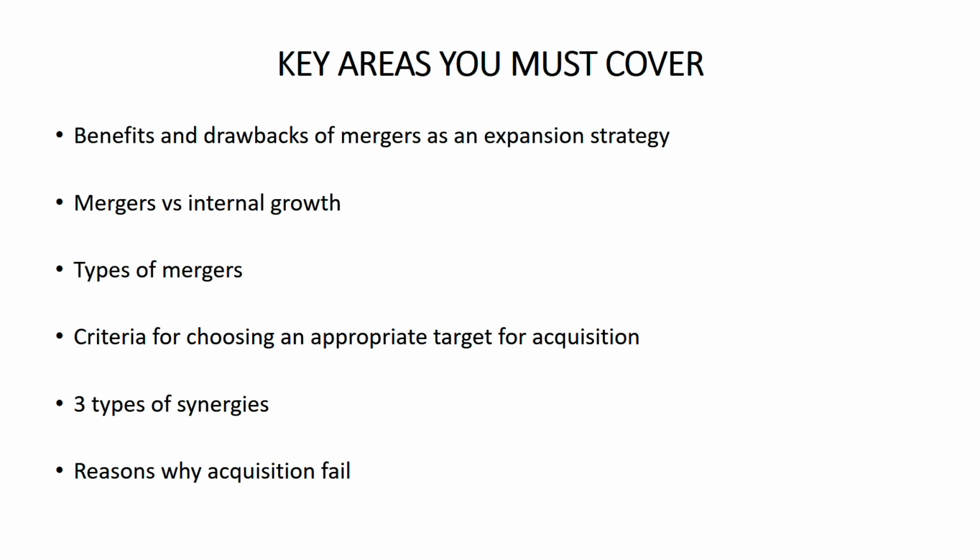One is errors in valuing a target firm. There could be errors, right? You might be valuing a target firm very high or very low. If you are valuing a target firm very high, you are paying a high acquisition cost to purchase it. In fact, you later come to know that the value is actually much less, but you have paid more, right?